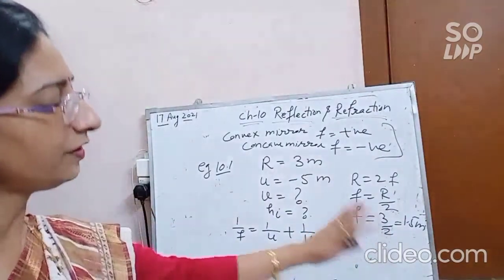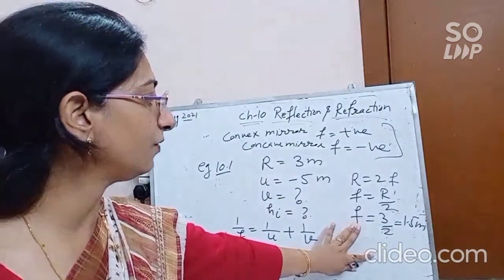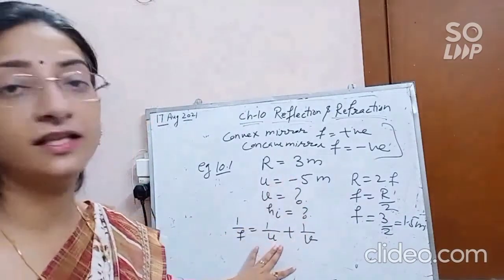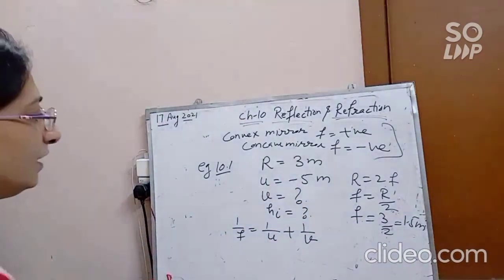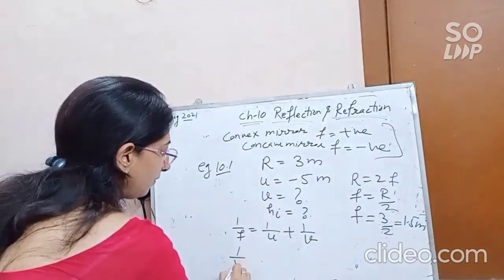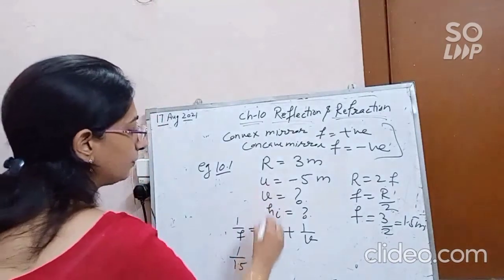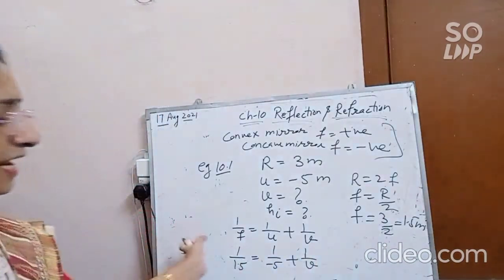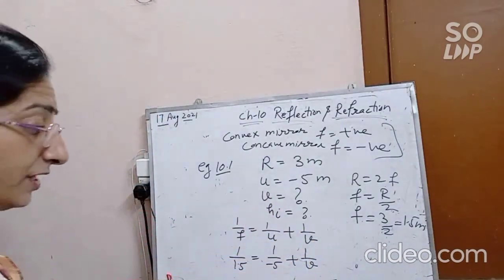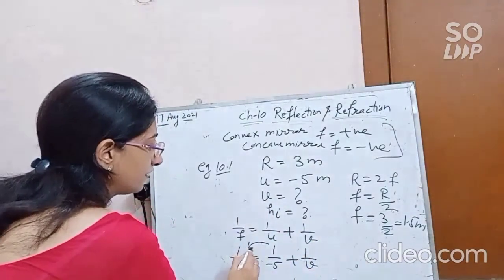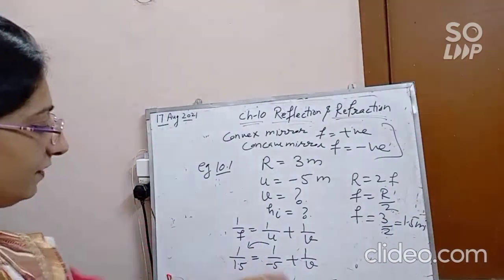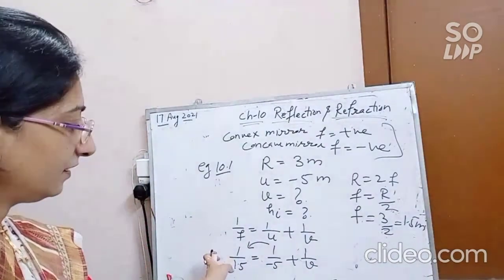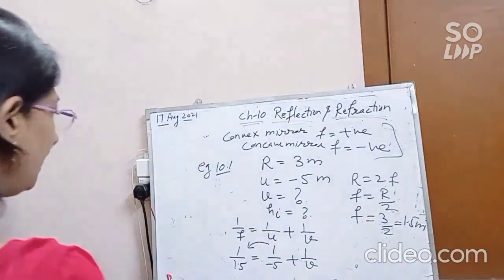Okay, now we put these values of f and u in the mirror formula. So that is 1 upon 1.5 equal to 1 upon minus 5 plus 1 upon v. Can we solve this equation? Yes, we just take this 1 upon minus 5 on this side, and then easily we can find out.